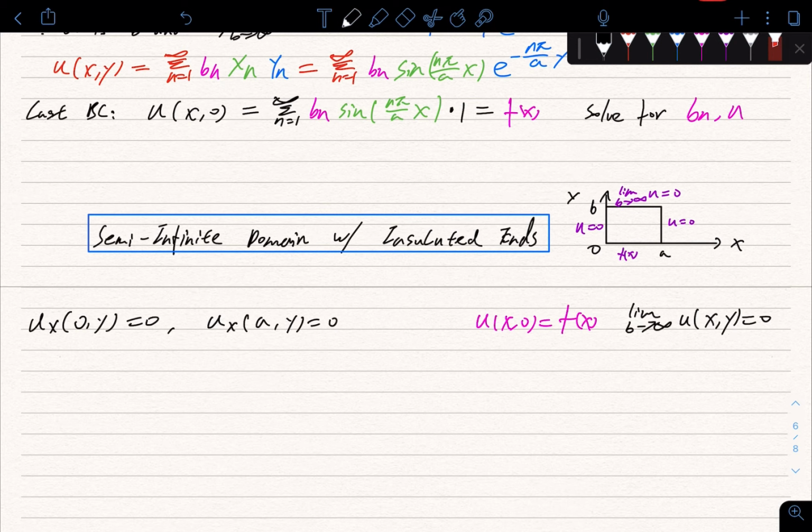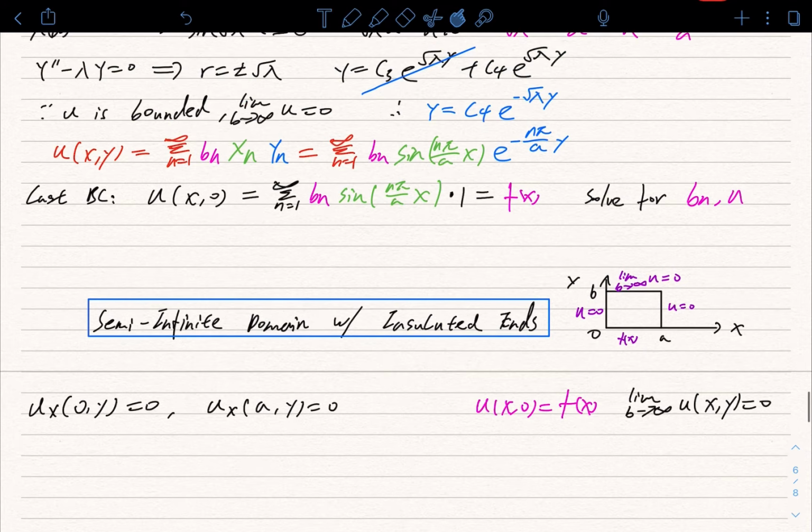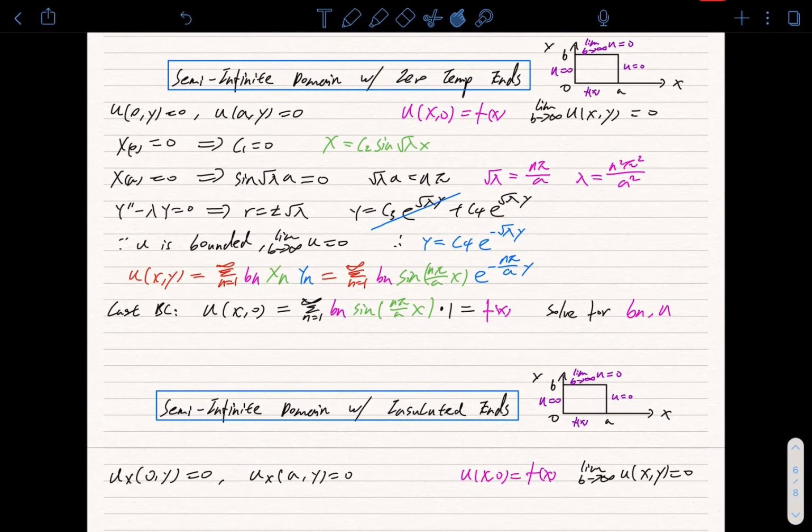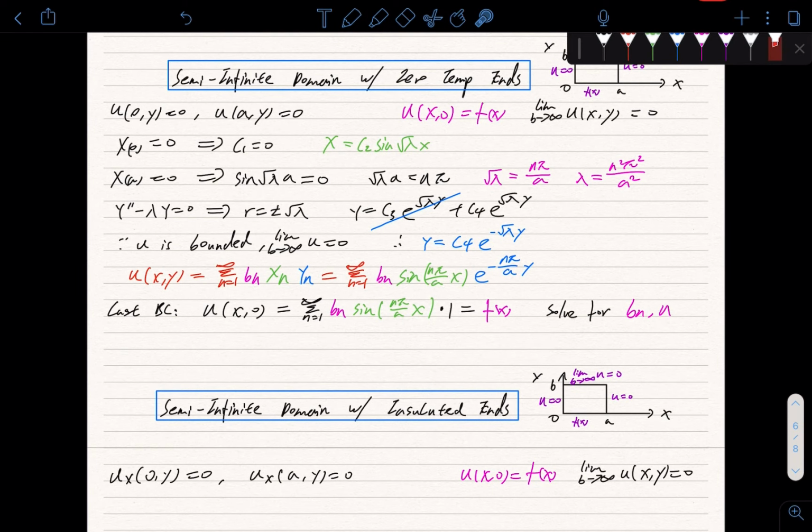So the only thing that's changed compared to the zero temperature ends is that these two boundary conditions are different.